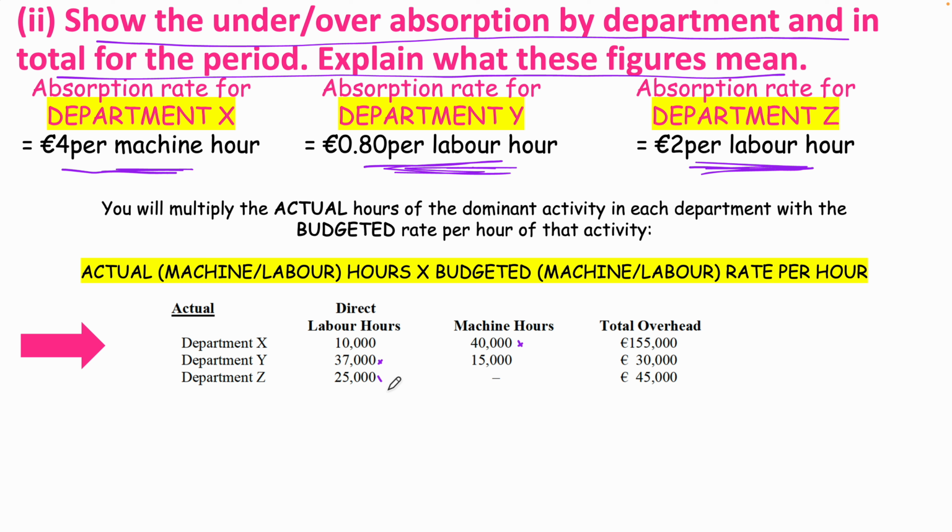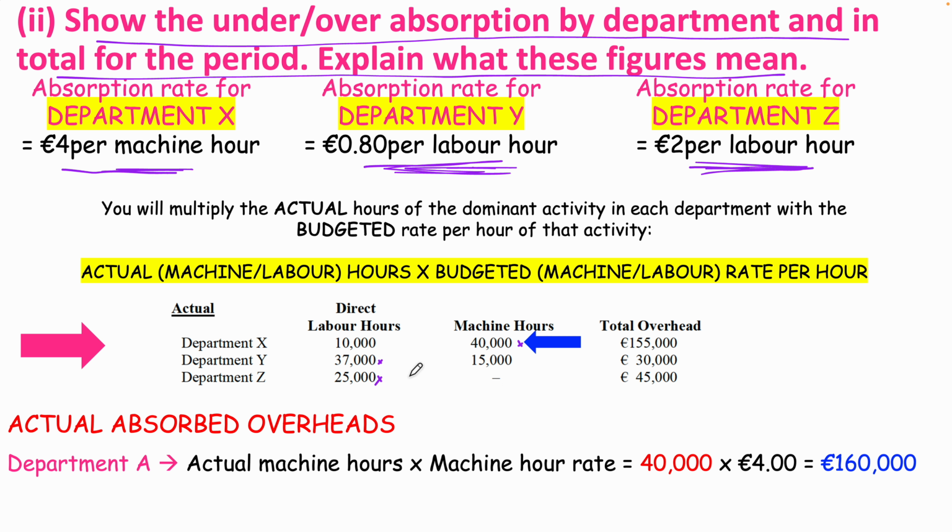So how much would the management accountant think the cost should be based on the actual hours? You take the actual hours and multiply them by the rate that the management accountant came up with. So 40,000 multiplied by €4 is 160.